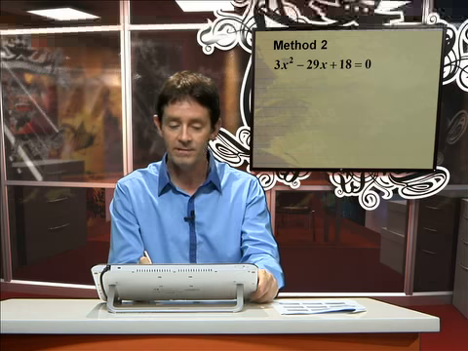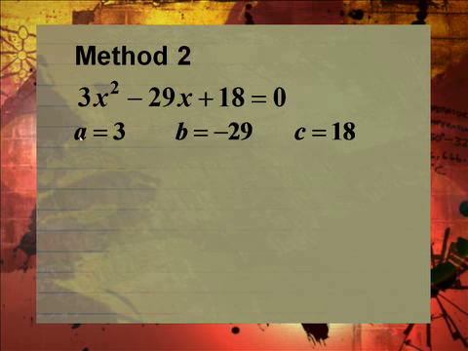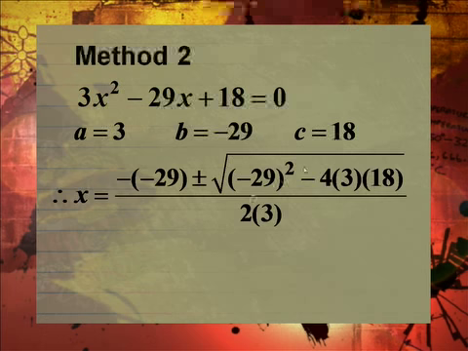If you use the quadratic formula, we're going to call the 3 a, that's b, and that's c. Now, let's substitute in. Minus b plus or minus the square root of b squared minus 4 times a, which is 3, multiplied by c, divided by 2a.